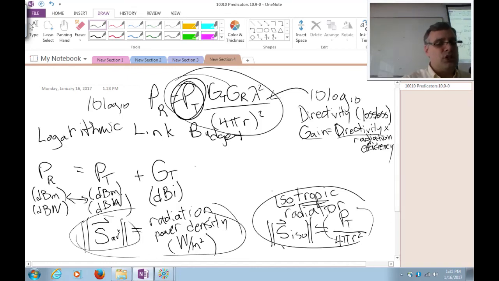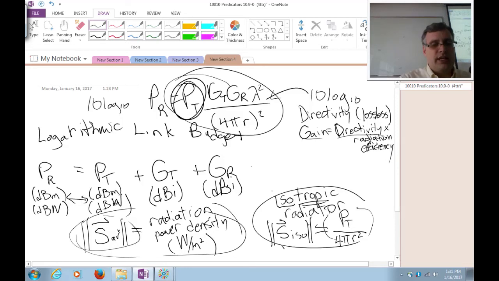So anyway, you've got two of those factors, gain of the transmitter and gain of the receiver. That's also in dBi, decibels with respect to isotropic. And then you've got two more terms.